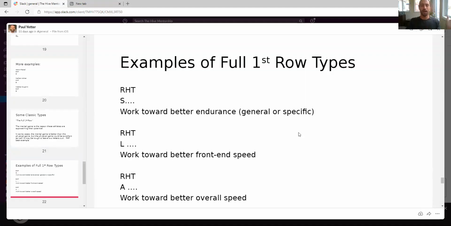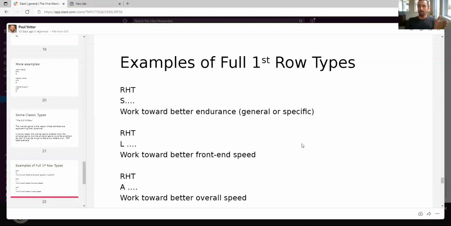Athletes with that RHT and then an L should work towards a better front end speed. You know, you've got the L there that shows you that if they've got the top row full and they've only got an L, it's better for them in terms of training than the S.